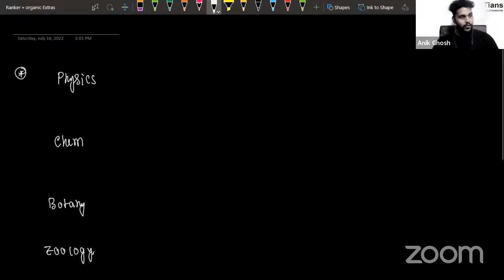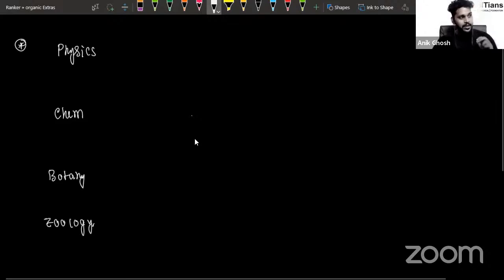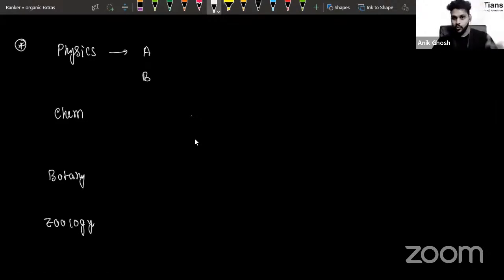These are the 4 sections that we have, isn't it? Now, in these 4 sections, definitely, guys, you do know that there is section A and section B. It is divided into 2 halves, right? From section A, you'd be getting 35 questions. From section B, you'd be getting 15 questions. What I mean to say is the number of questions. And from these 15 questions, you have to solve only 10 questions, right?